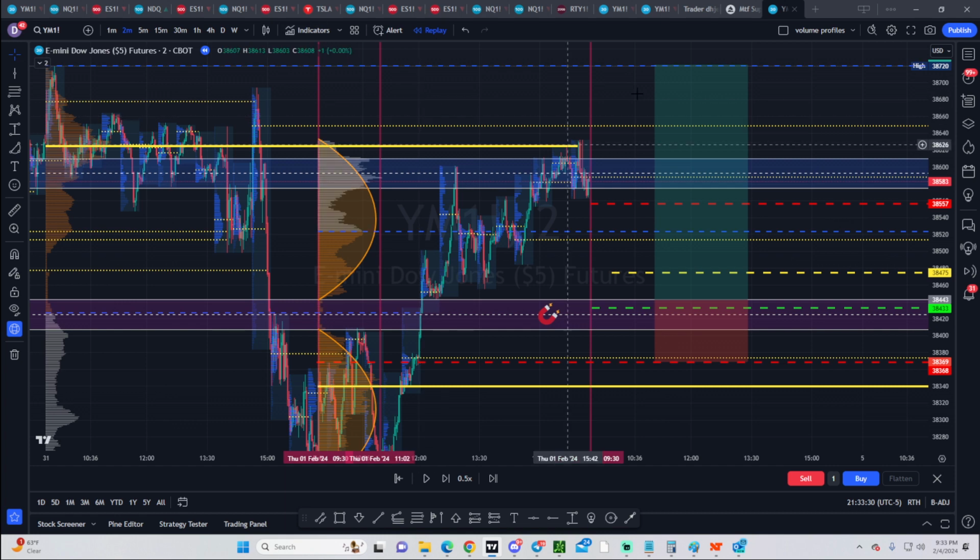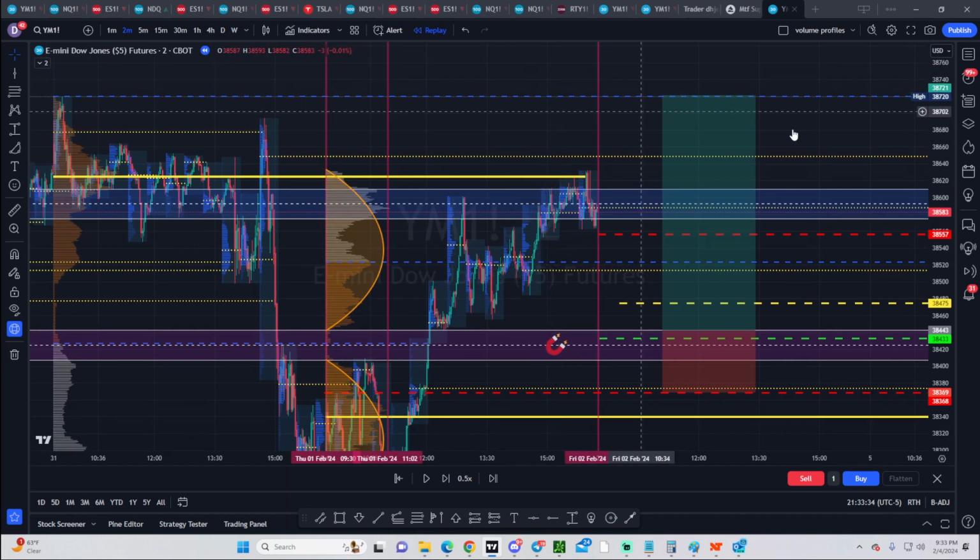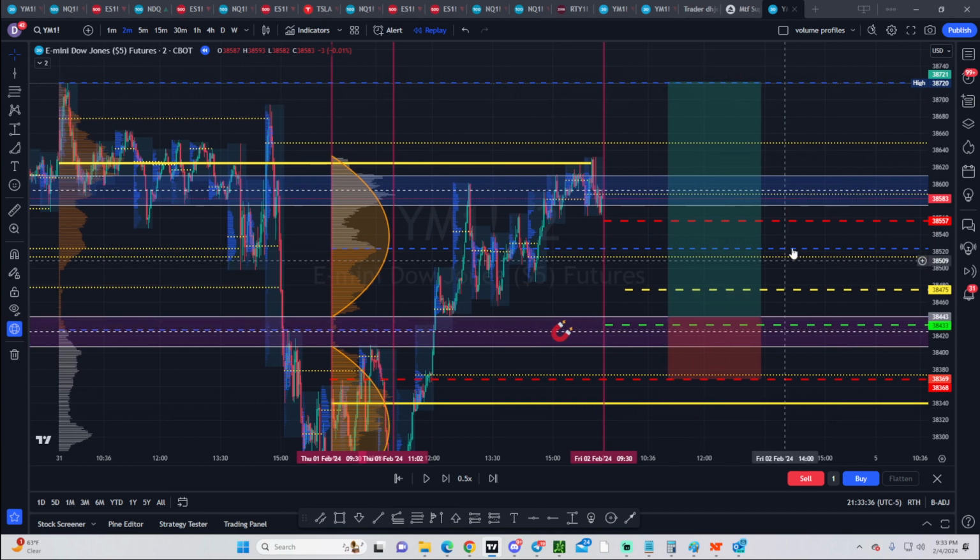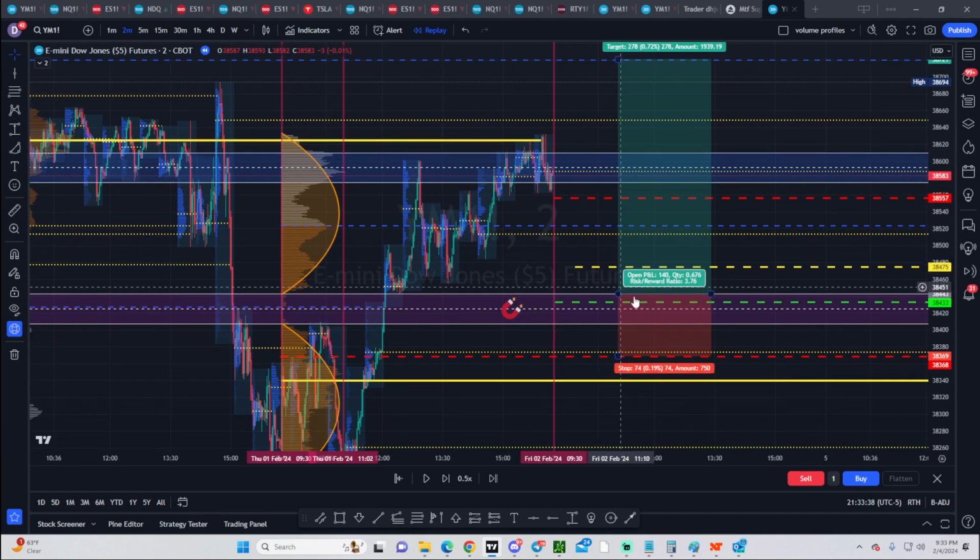I know I have a virgin value area high that hasn't been hit, and I know that price is above, and this is gonna be a magnet here, and I want to watch the reaction right around here. So let's let this one play out and see if I can do a better job managing the position as it plays out.